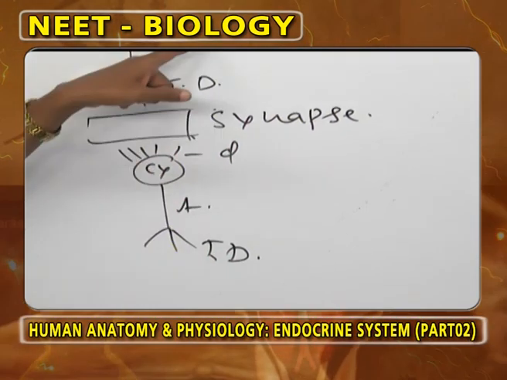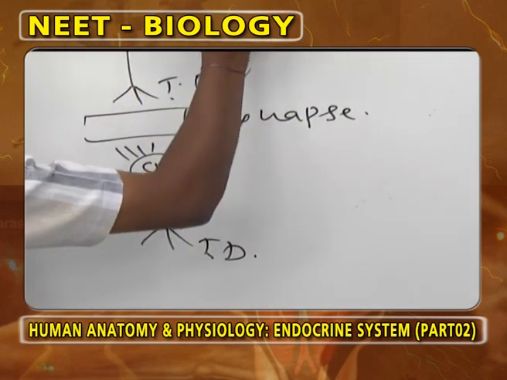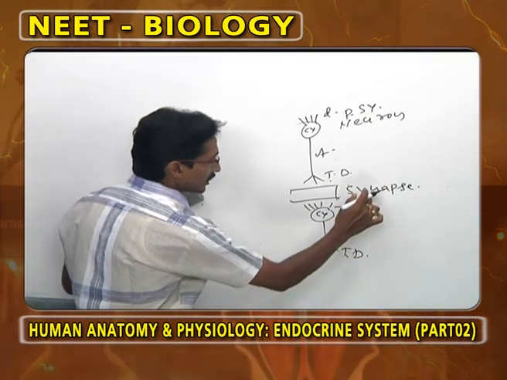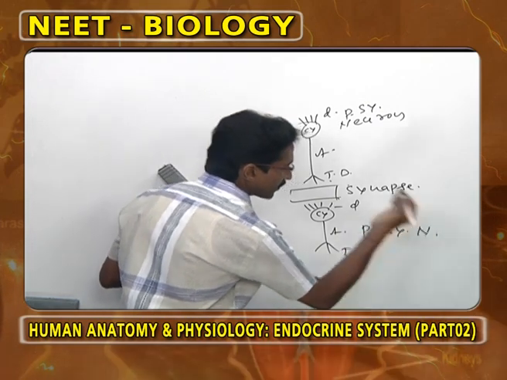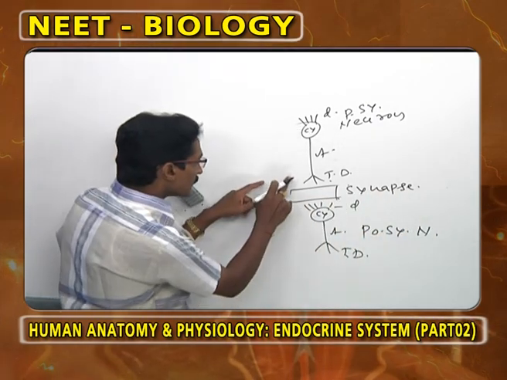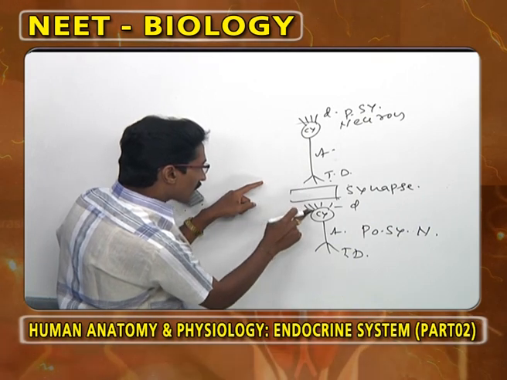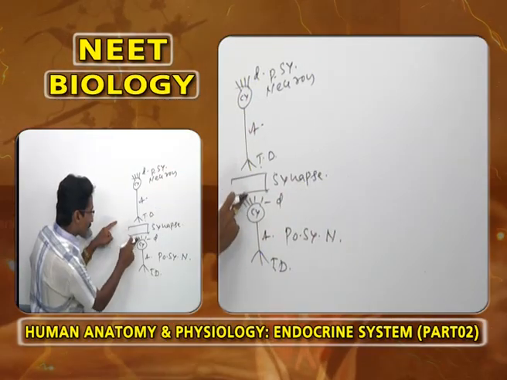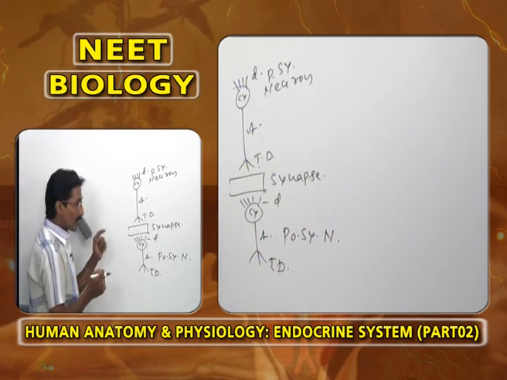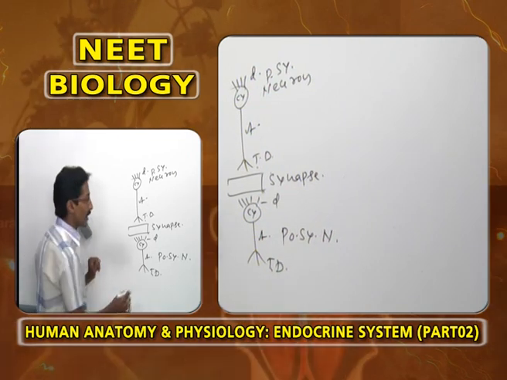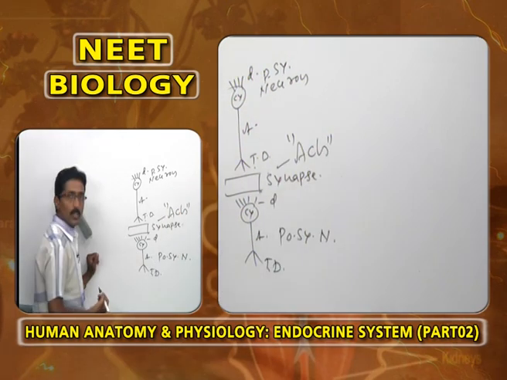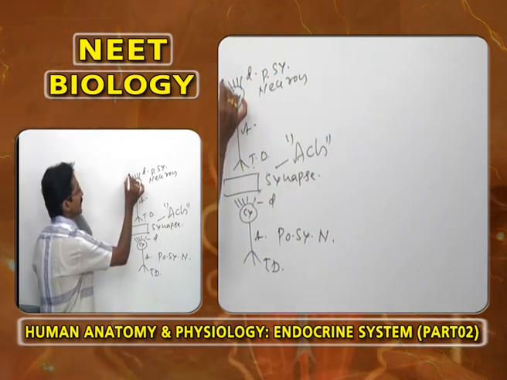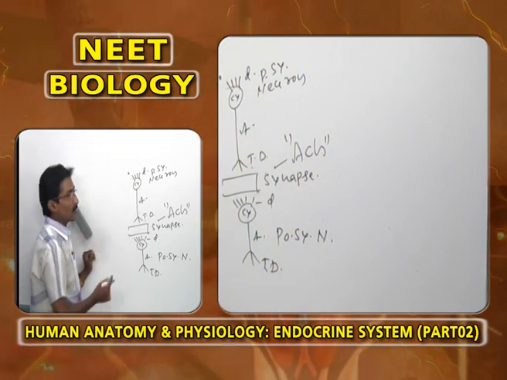In front of the synapse it is called the presynaptic neuron. Behind the synapse it is called the postsynaptic neuron. Now, in order to pass the information through the synapse, what is the required neurotransmitter? Here, what is the popular neurotransmitter? Acetylcholine. This dot indicates the stimulus.